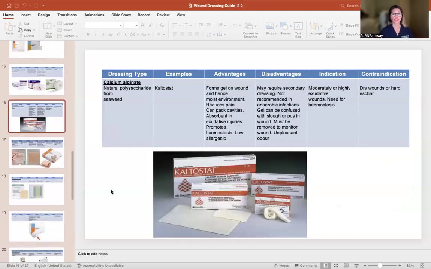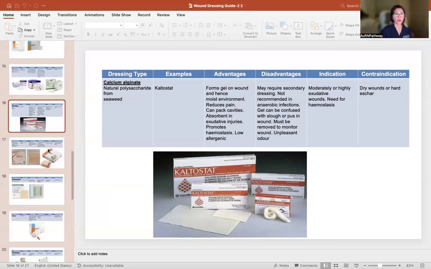The other thing is your Calcium alginate, Kaltostat. Now this is antimicrobial in a way that it eats up the slough in the wound. It's also used if the patient's wound is a little bit deeper in depth, and so it provides absorption and eats up those sloughs. So that's what it's very good for. It obviously needs another primary dressing to go on top of it, or a secondary dressing.